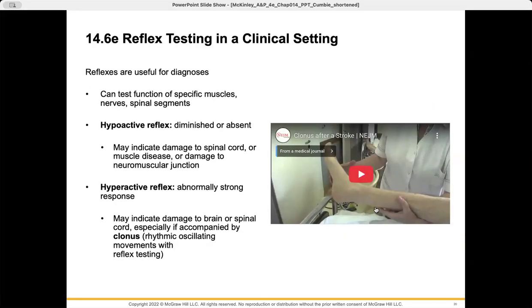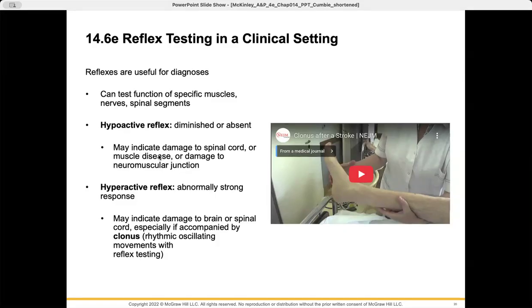Lastly, this is reflex testing in the clinical setting. We will not be having clinical views on your final exam, so this is just extra information for you. Reflex testing is very, very common in the doctor's office, especially if there's been trauma to the brain or suspicion that there is some sort of neurological issue.